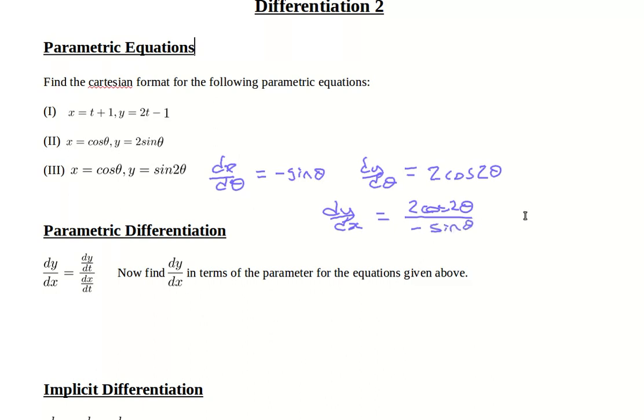Note this time I can't actually express it as cot theta because I've got a double angle on the top and a single angle on the bottom. I would need to use double angle formulae if I wanted to turn that into anything else. But I'm fine with it as it is.